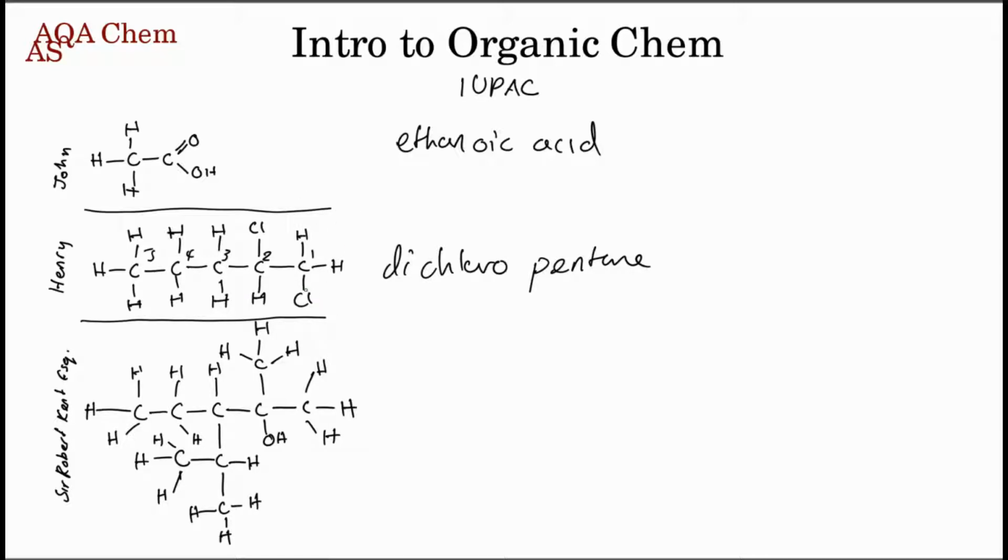Which means this chlorine is on 1 and this chlorine is on 2. So that's 1,2-dichloropentane. Numbers are separated by commas, words and numbers are separated by dash. Okay, and the di obviously means 2. You can also have tri, tetra, and so on, but usually that wouldn't happen.